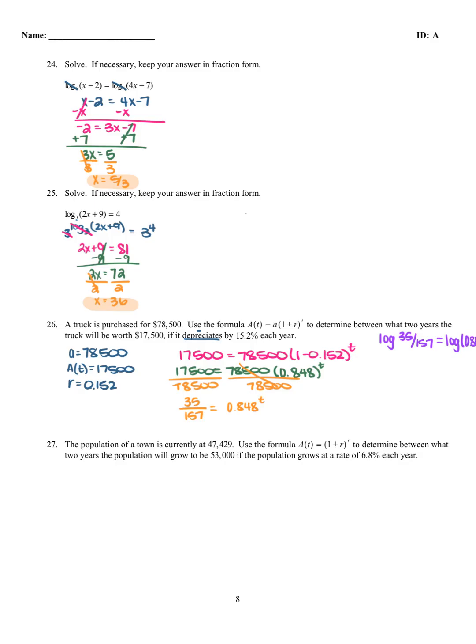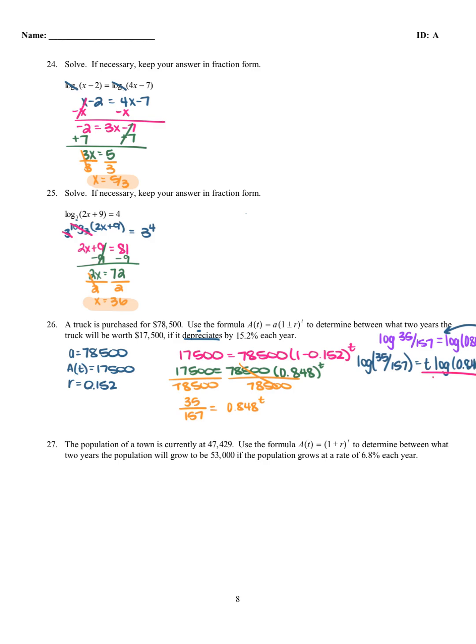From here, we're going to move our t over to give us log 35 over 157 is equal to t times log of 0.848.